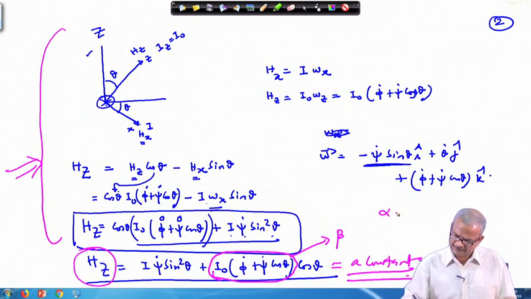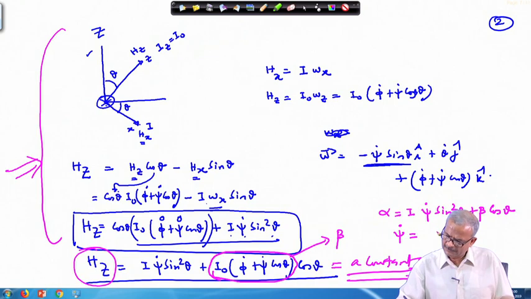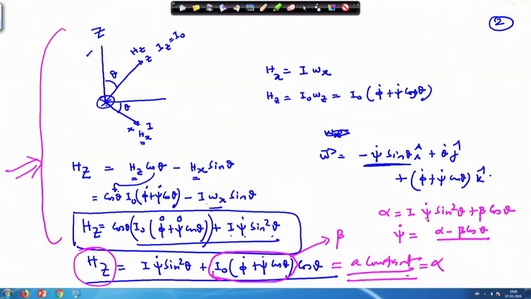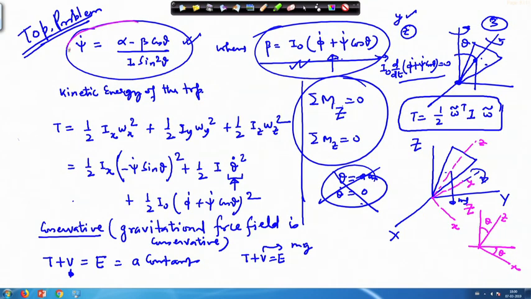So, alpha we have written as alpha equal to I times psi dot sin square theta plus beta times cos theta, and this we rearrange to get psi dot equal to alpha minus beta cos theta divided by I times sin square theta. Okay.